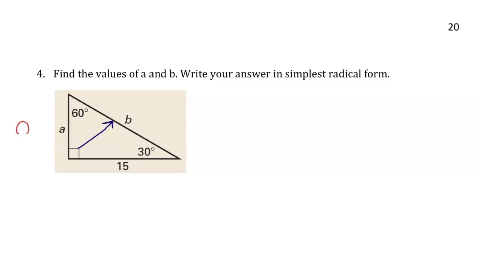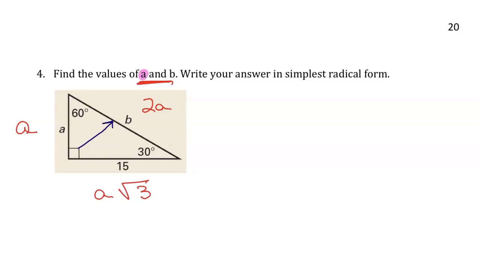Across from the 30 is always the A. Across from the 60 is the A root 3, and across from the 90 is the 2A. They want to find values of their A and of their B. So where are their A's and B's?